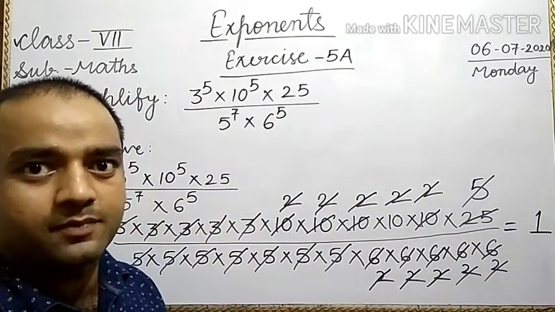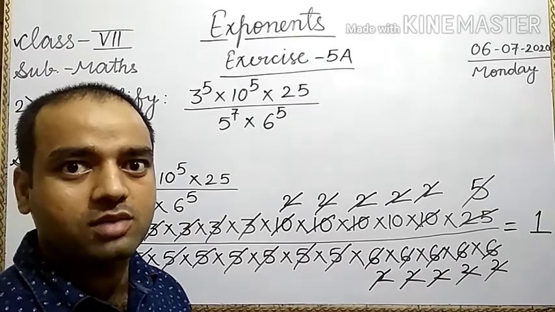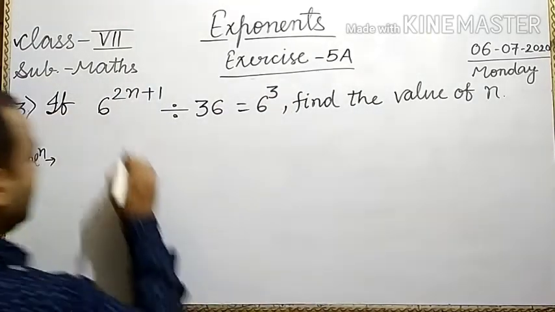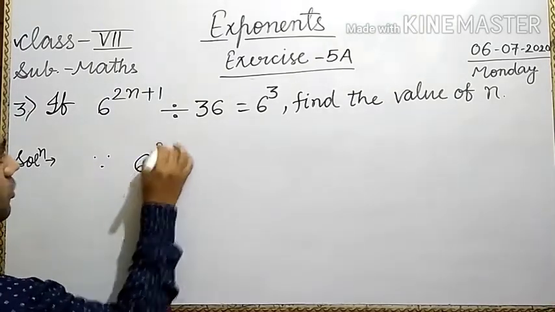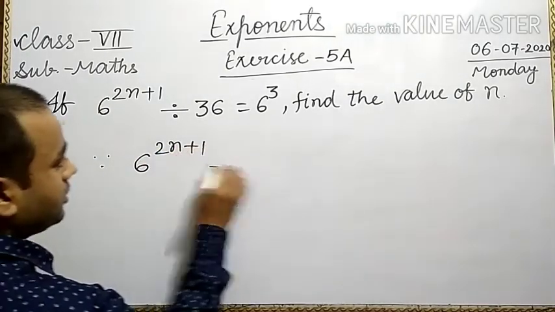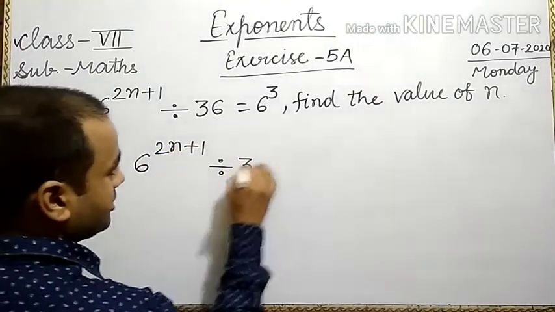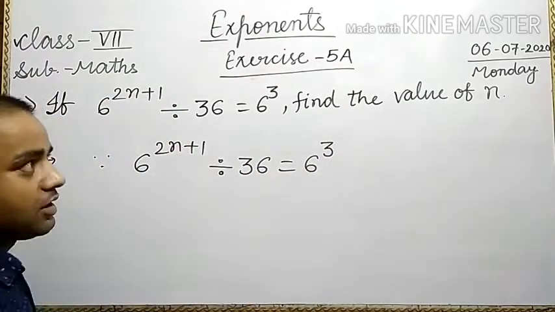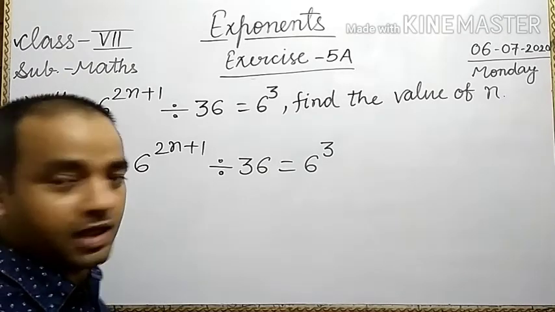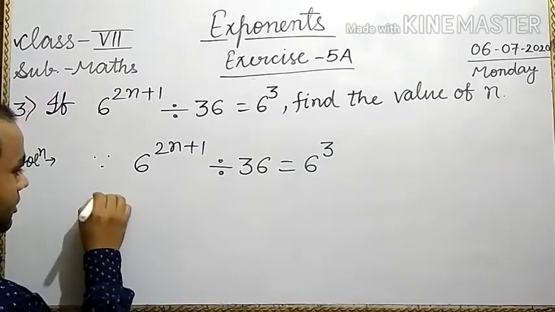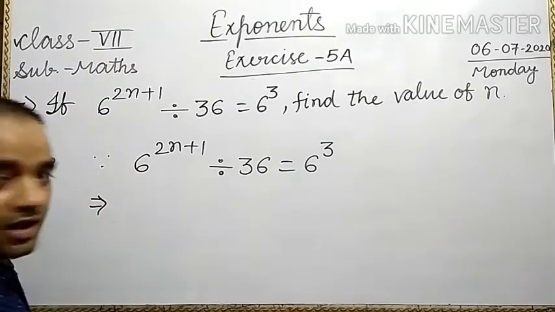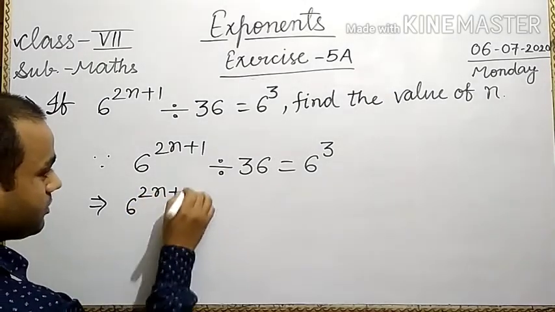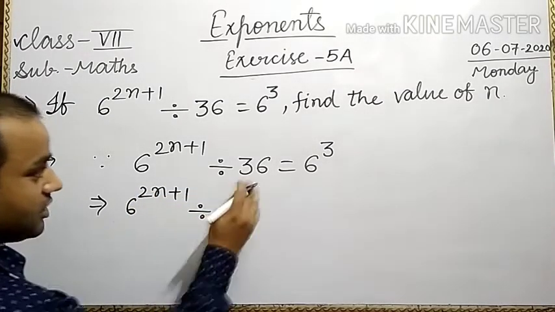Is it clear? Now let us discuss question number 3. In question number 3, if 6 power of 2n plus 1 divided by 36 is equal to 6 power of 3, find the value of n. We write the next step: 6 power 2n plus 1 divided by 36.